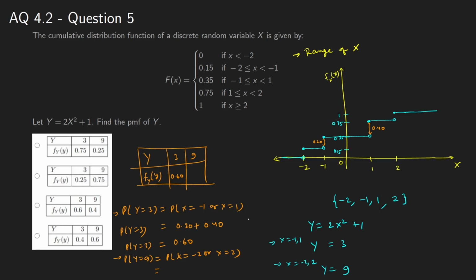At -2, the jump is 0.15, and at +2, the jump in the CDF is 0.25. Here you can see, x takes value 2 with probability 0.25. So it is equal to 0.40. So this is the PMF table for y. It corresponds to the third option.